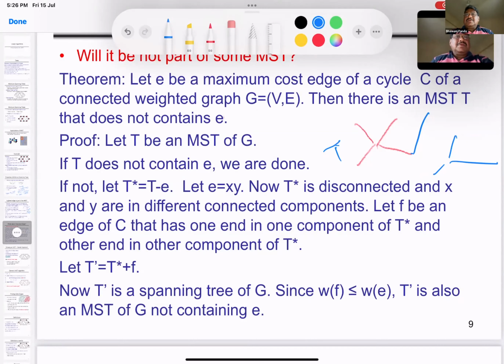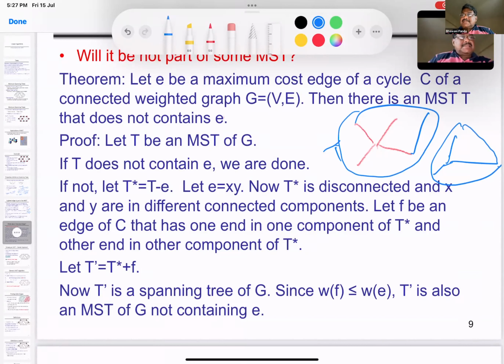After removing this edge, how many components will this tree have? Exactly 2 components. The original graph was connected, so from this set to this set there may be several edges going across.